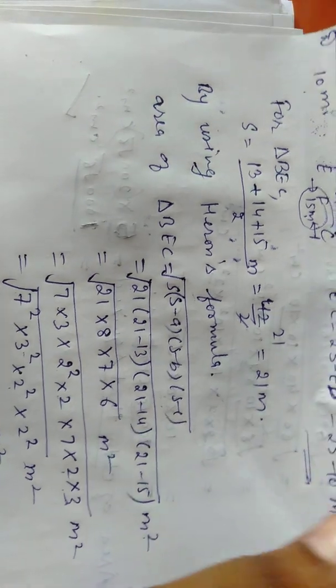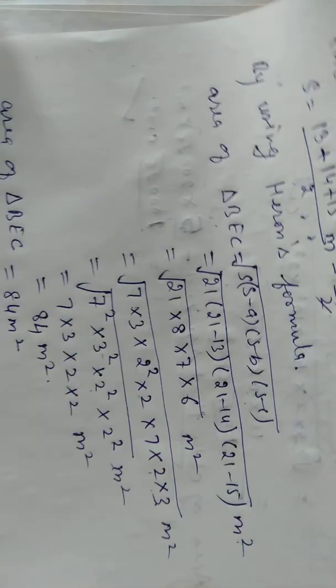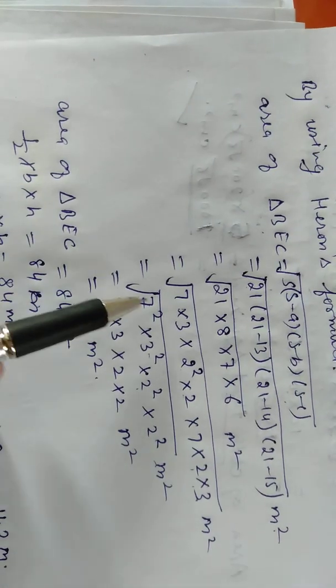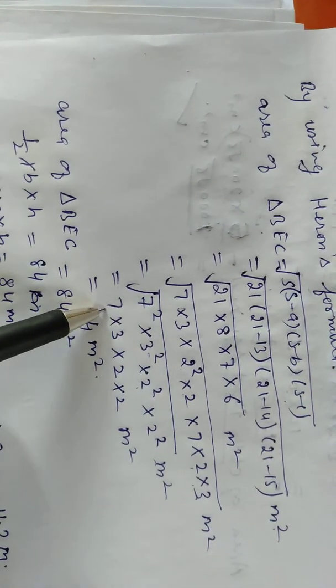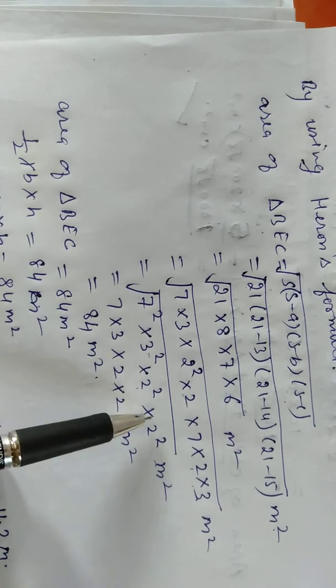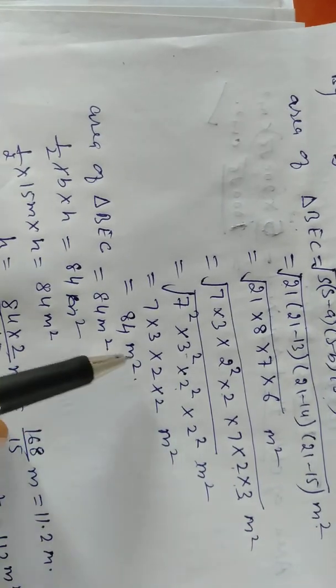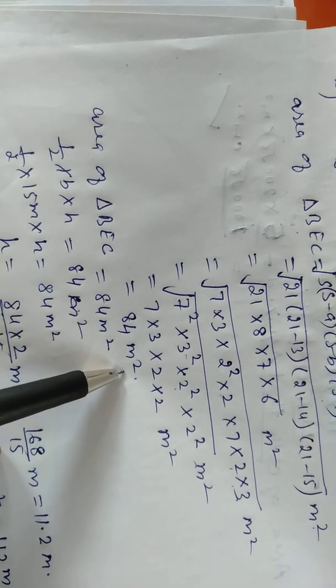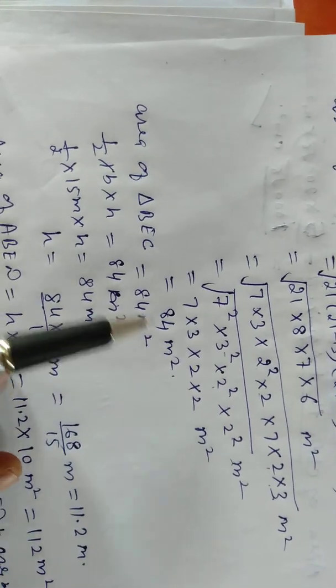So let us solve the powers with the square root. So it becomes 7, it becomes 3, it becomes 2 and it becomes 2. When you multiply, 2 4s are 8... 2 2s are 4, 3 4s are 12, 12 7s are 84 meter square. This is the area of the triangle, right?